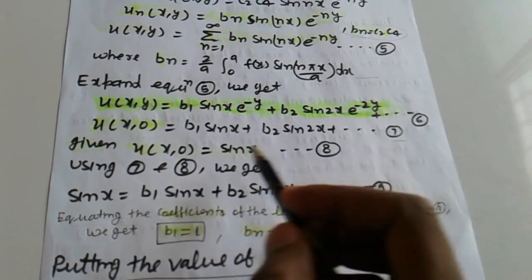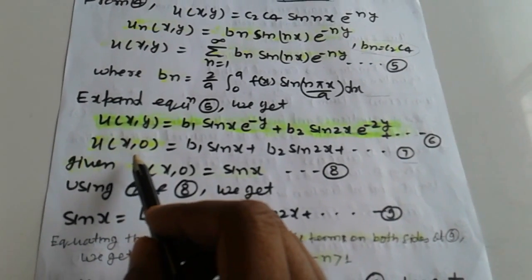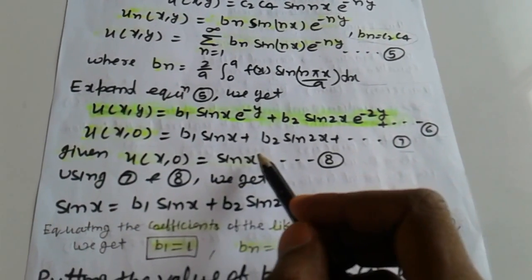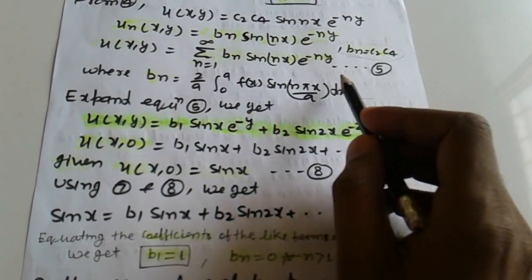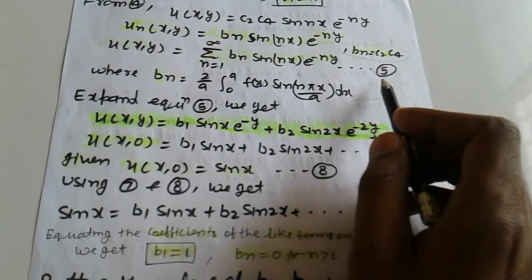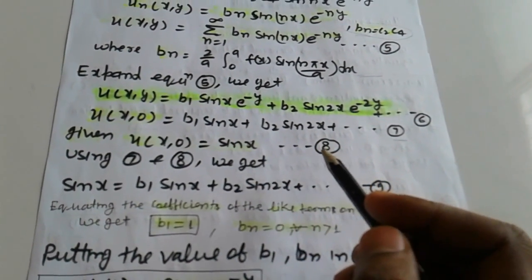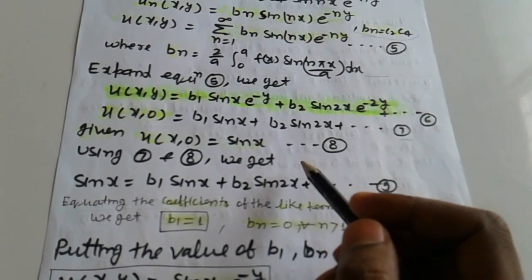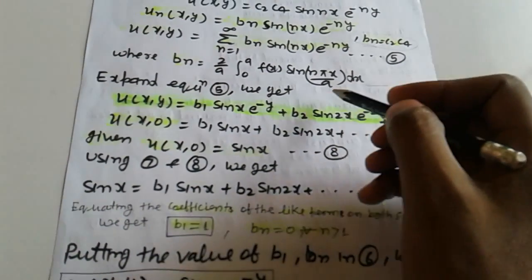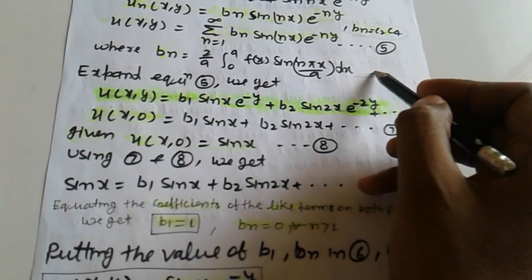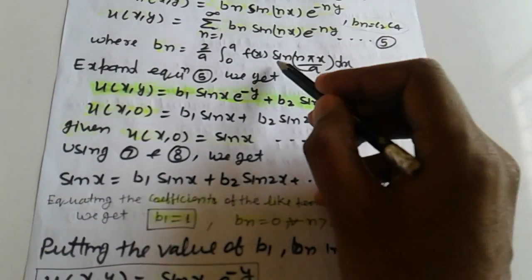If u(x, 0) is given in the form of sine, you can directly expand equation 5 and compare to find the values of b1, b2 and so on. So if required, then solve that way. Don't evaluate b_n by that formula.